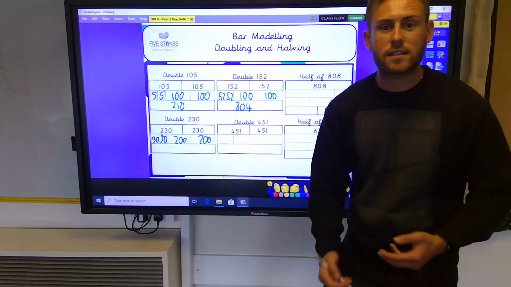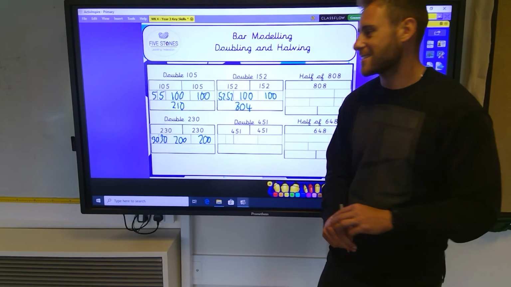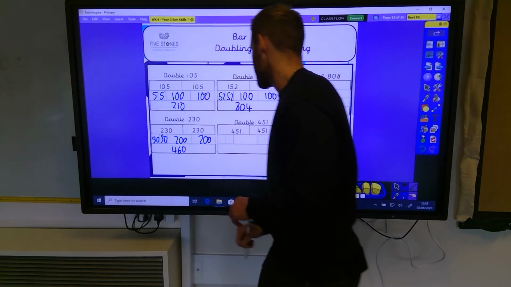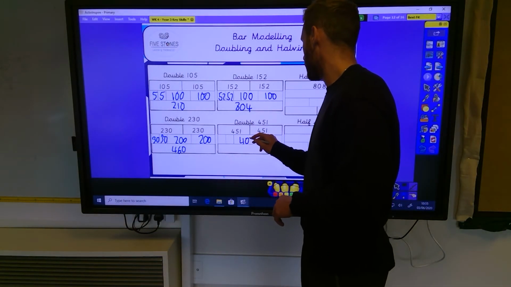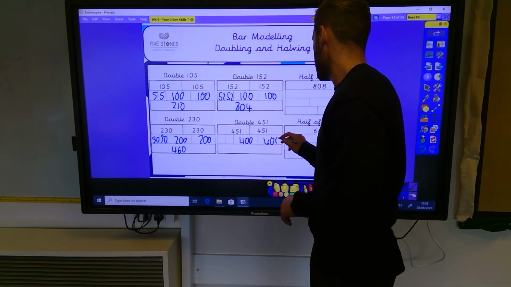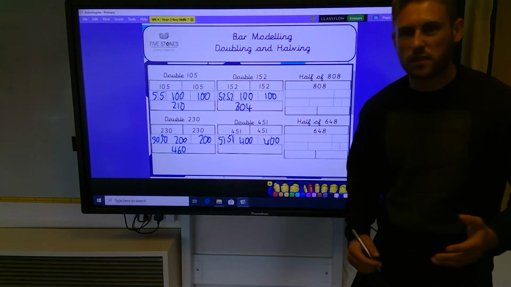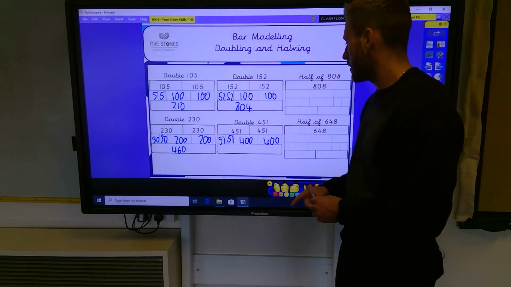Another double, double 230, double 200, double 30. 200 and 200 is 400, 30 and 30 is 60, so we've got 460. Then we've got again 400 and 400, 51 and 51. 50 and 50 is 100. 1 and 1 is 2. 102.